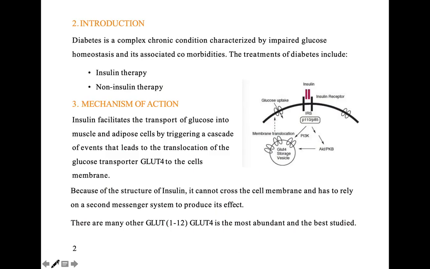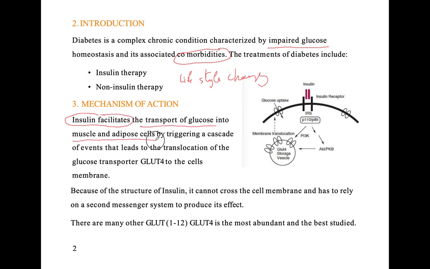Now, diabetes is a complex chronic condition and is characterized by an impaired glucose homeostasis with comorbidities that come with the condition. For treatments, you have insulin therapy, non-insulin therapy, and you also have lifestyle changes. Insulin's main role is to facilitate the transport of glucose into the muscle and adipose cells.